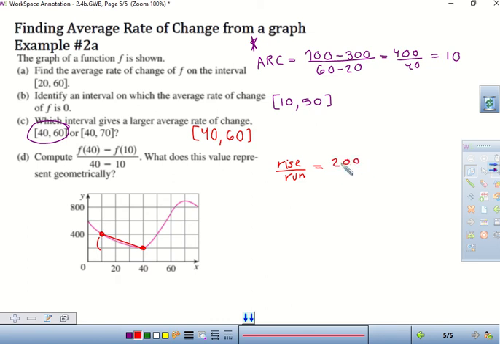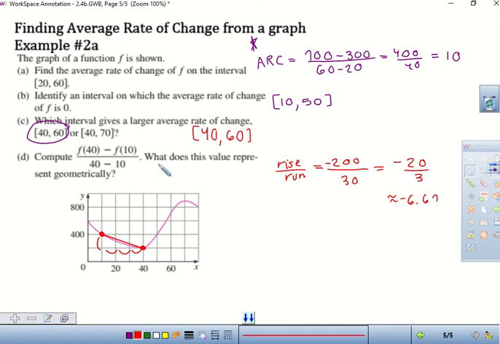Good, we go down 200, so negative 200. And then we go right how many units? Goes by tens on the bottom. 30. So the simplest this can reduce is negative 20 over 3, which would be approximately negative 6.67.